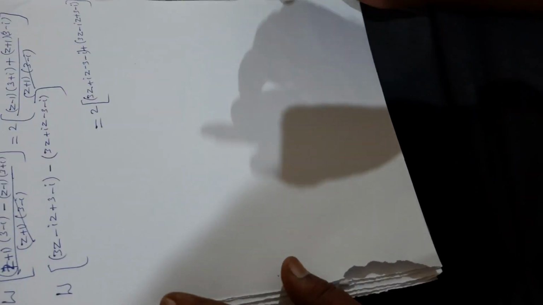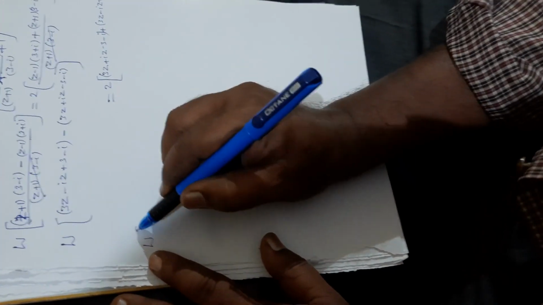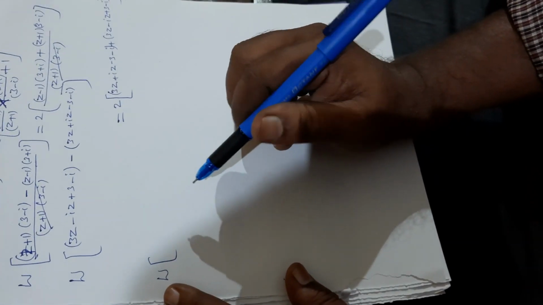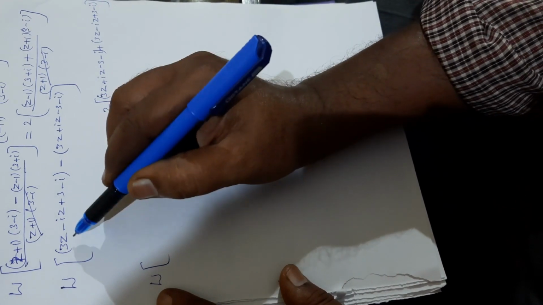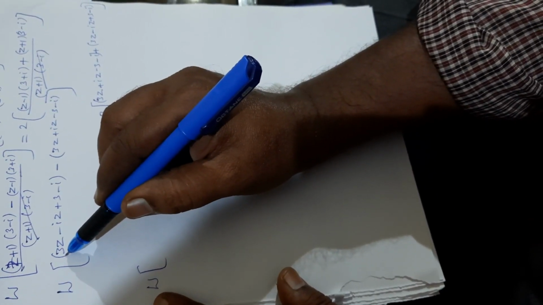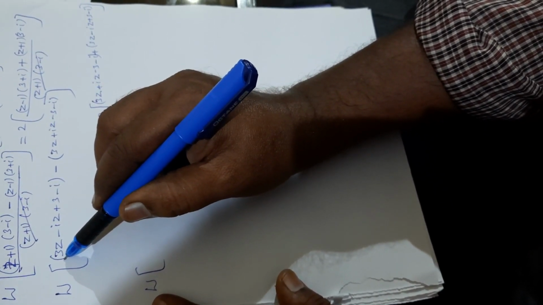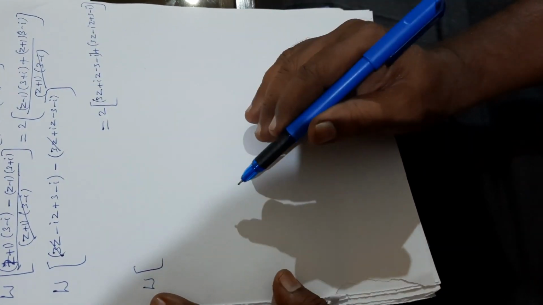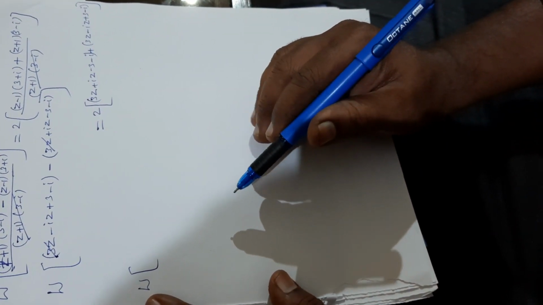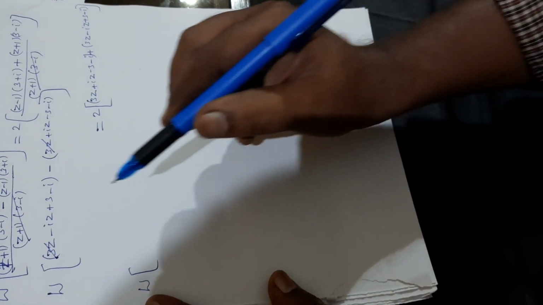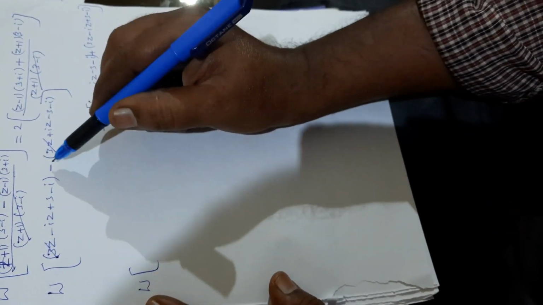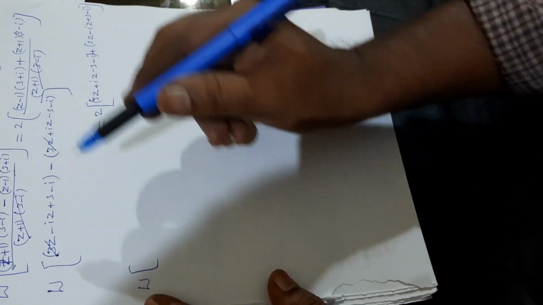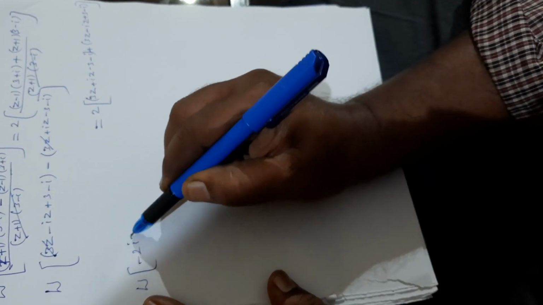Next, here this is plus 3z minus 3z gets cancelled, right? And next further, minus iz minus iz plus, minus 2iz, right?